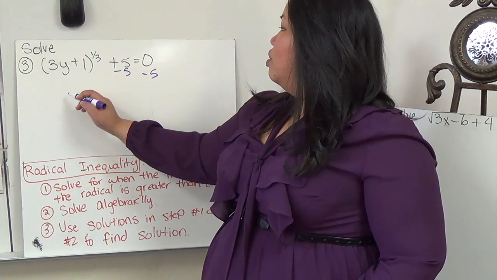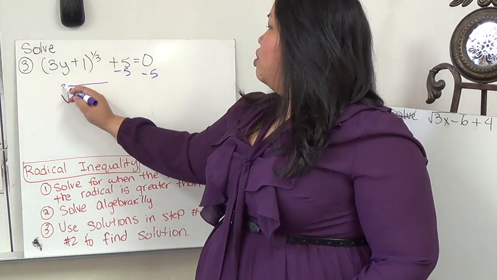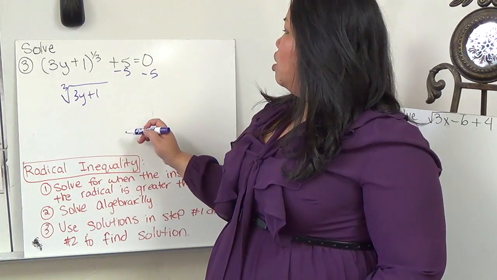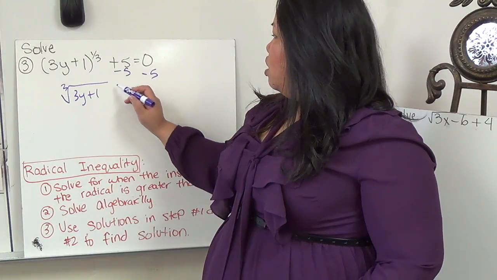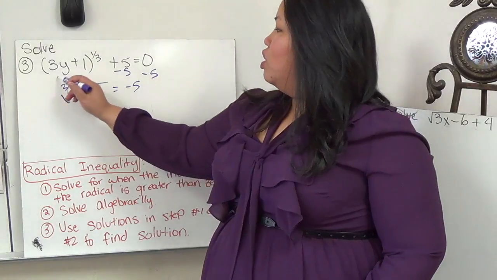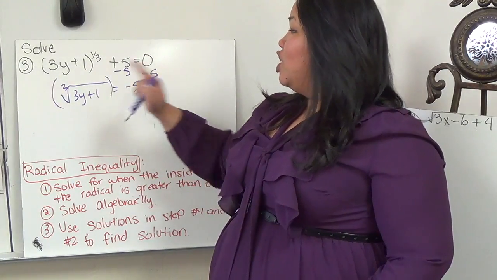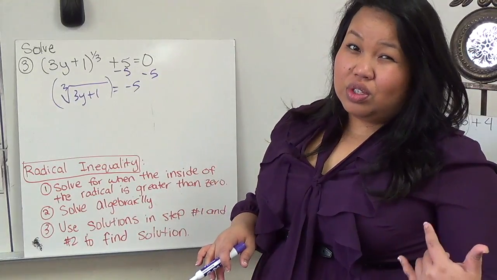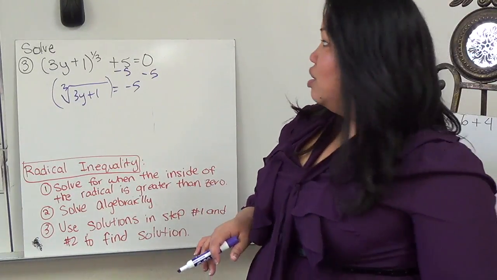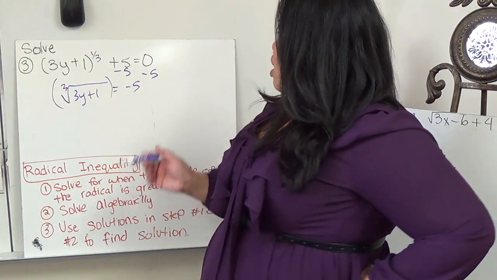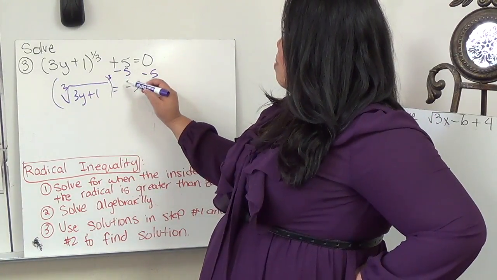And then I have the cube root of 3y plus 1 equals negative 5. Now, if this was a square root equals negative 5, it would be no solution, because no matter what you square, you're not going to end up with a negative 5. I'm going to cube root this. I'm going to cube it.